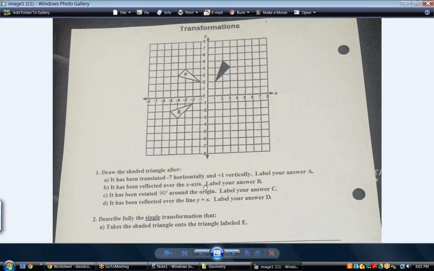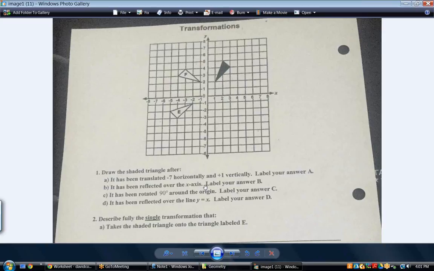Okay, how can we make the shaded triangle look like E? In other words, look like that triangle of E. First of all, can we do it with strictly translations? No. So we're going to need a rotation of some kind.